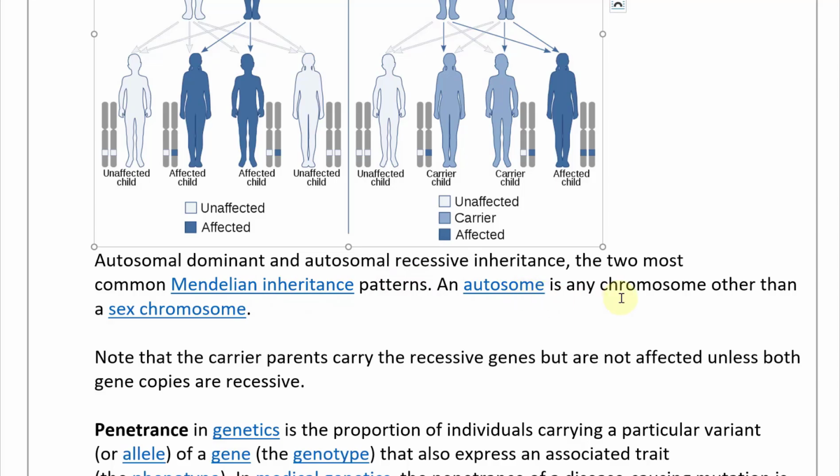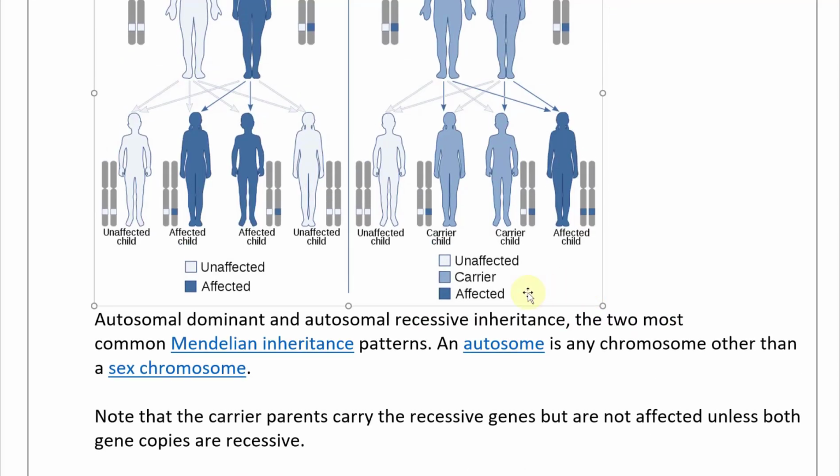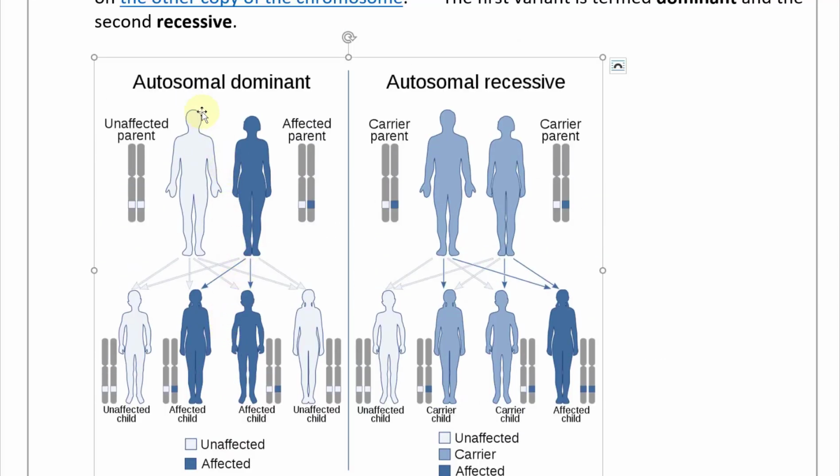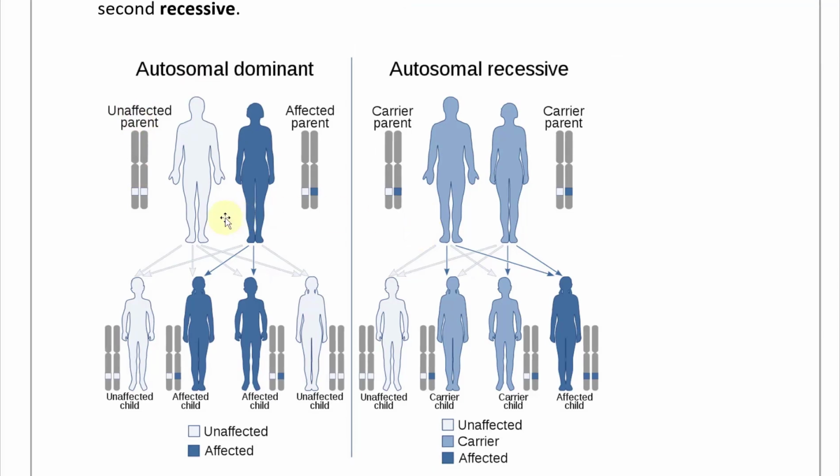An autosome is any chromosome other than a sex chromosome. We'll get to those in a bit. So, autosomal dominant here. This color is just white. Let's look at the dark blue one; that is the affected one.